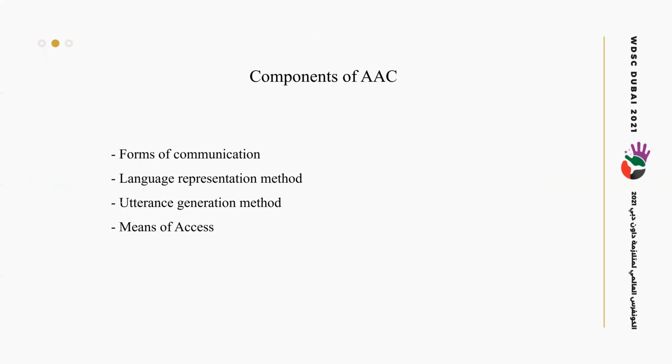Components of AAC. What are the main components we want to focus on while we decide to use AAC devices with a student? Forms of communication, language representation method, utterance generation method, and means of access. So these are the main components we want to focus on.